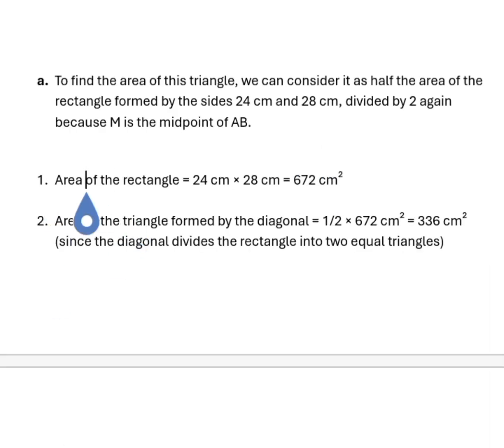The area of the triangle formed by the diagonal is 672 divided by 2, which is equal to 336 centimeter square. We divide it by 2 because the diagonal divides the rectangle into two equal triangles.